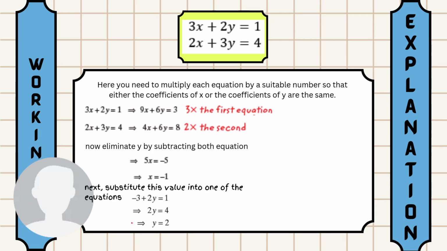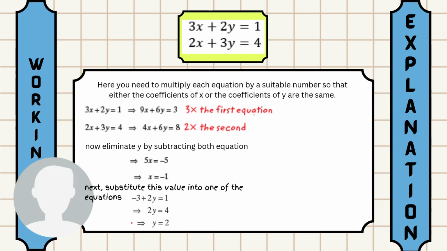Substitution isn't complete if you haven't found the value of y. So when you have x equals negative 1, you substitute this value into one of the equations above. Here I give an example of substituting into the first equation. So negative 3 plus 2y equals 1, which gives you 2y equals 4.